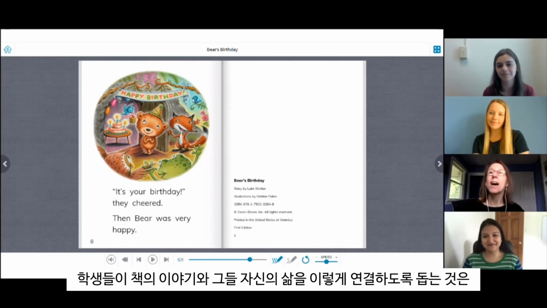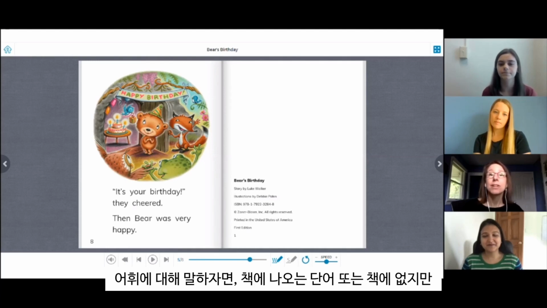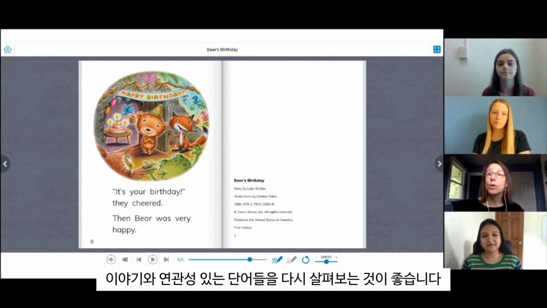So teachers, helping students to make connections like this between the story and their own lives helps them connect more deeply to the story and then retain more of the vocabulary and the story elements. Speaking of vocabulary, it's a good idea to revisit some of the words that come up in the book, or even words that weren't in the book but might relate to the story.